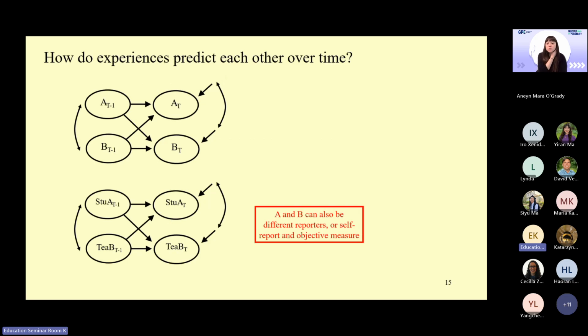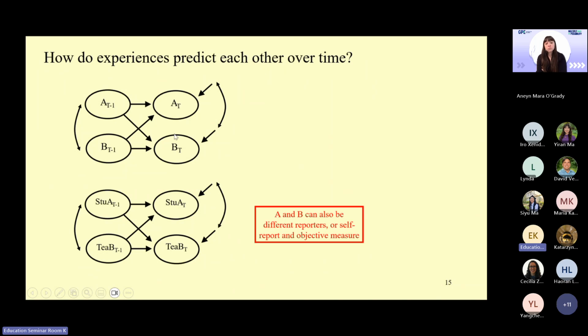Then we can think of how experiences affect each other over time. This is also called a reciprocal effect model, where we have stability of A, and stability of B, and then the cross lags here. How does previous B predict concurrent A, and how does previous A predict concurrent B?